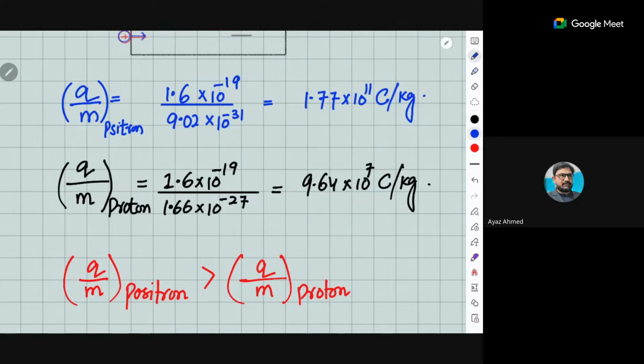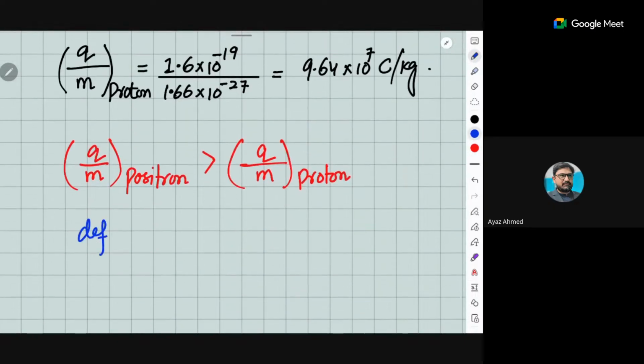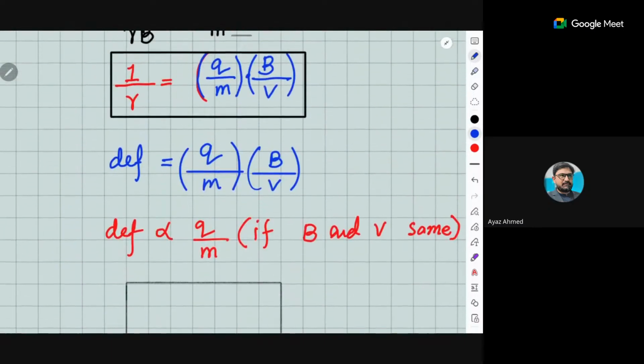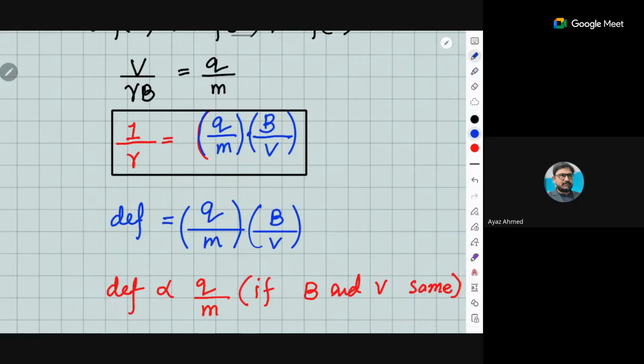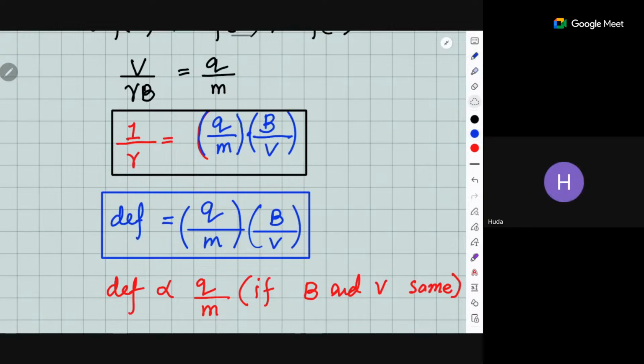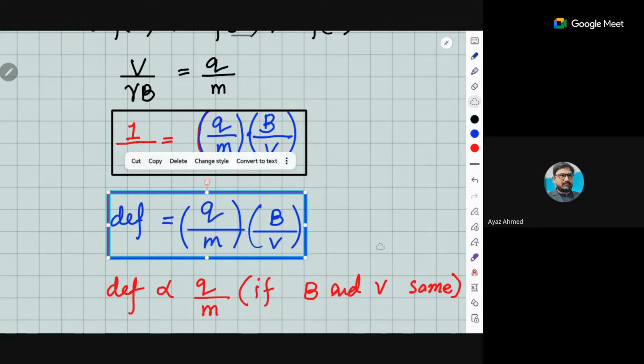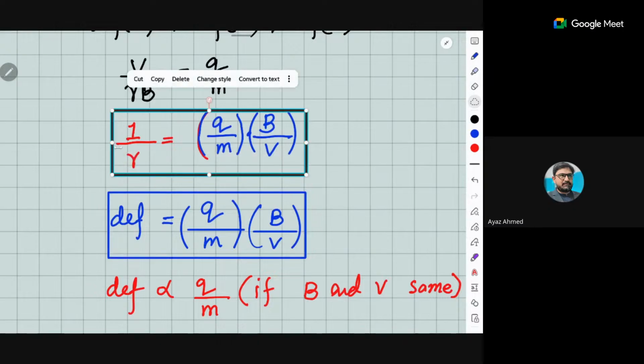So the deflection of positron is more than the deflection of proton. Now move back to the diagram. Did you see that the deflection is directly proportional to charge to mass ratio? So that is why your positron will be deflected more than your proton.